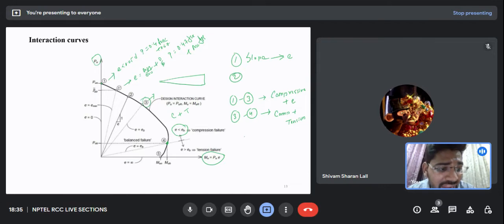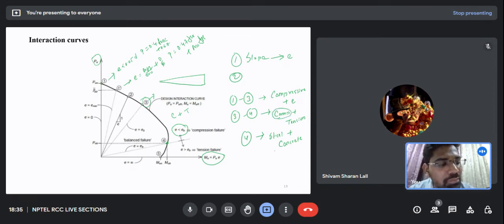At 4, I have a balanced load, and for that load I have both steel and concrete yielding at the same time. So between 3 and 4, my compression was dominant.